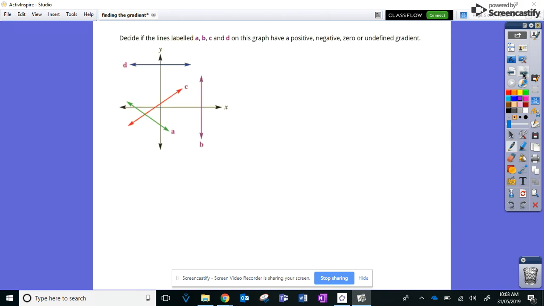Okay, let's have a look at some examples. We need to decide here whether the lines A, B, C and D on this graph have a positive, negative, 0 or undefined gradient. So let's have a look at part A, which is this one over here. It's sloping backwards. This is a negative gradient. Part B. B is this vertical line here.